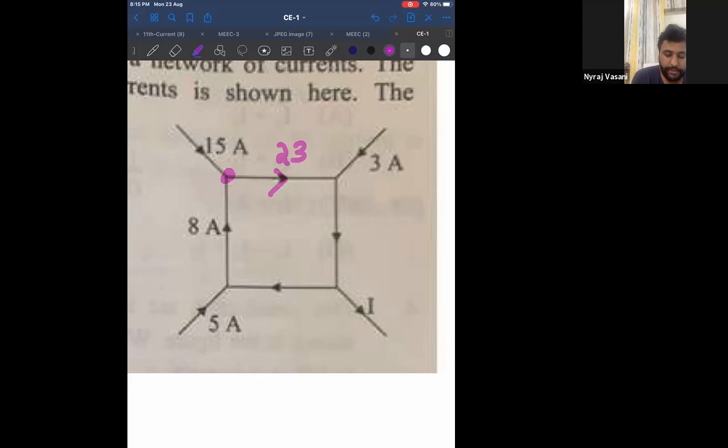Now, coming to this node, the total current entering will be 23 plus 3, which is 26. Therefore, the total current leaving this node also will be 26.